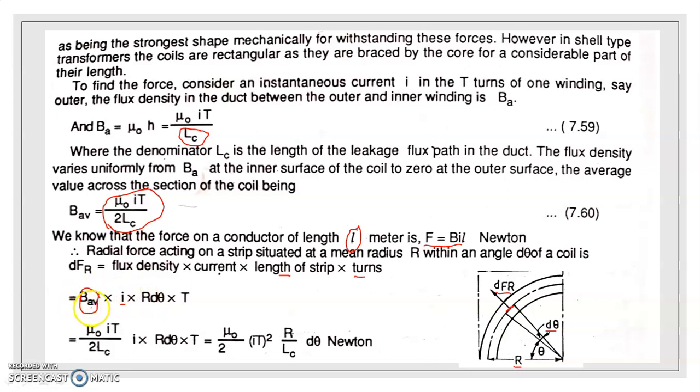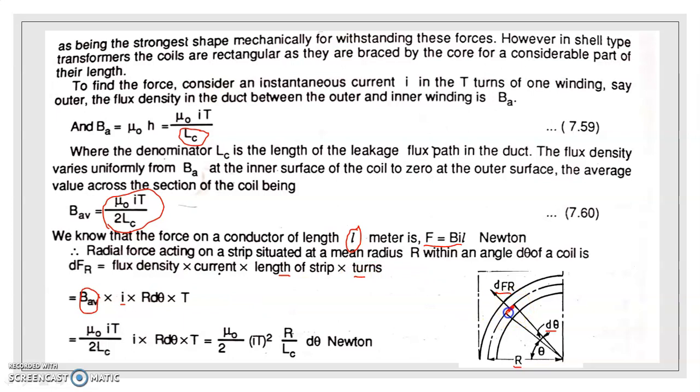That is flux density BAV, which will not change, it is constant for the overall winding or coil, and the current I, and the radius into d theta, that is nothing but the length of the strip. You can observe here it is nothing but the length of the strip.